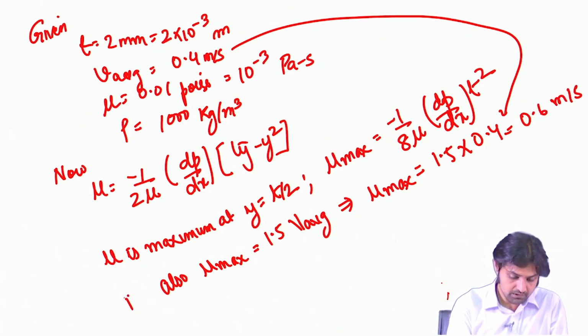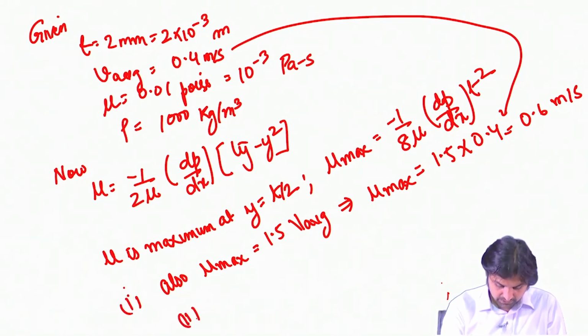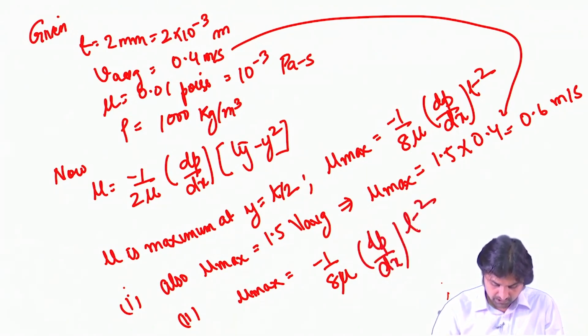So, that is the first. The second, U max is also written as minus 1 by 8 mu into dP dx T square, right.